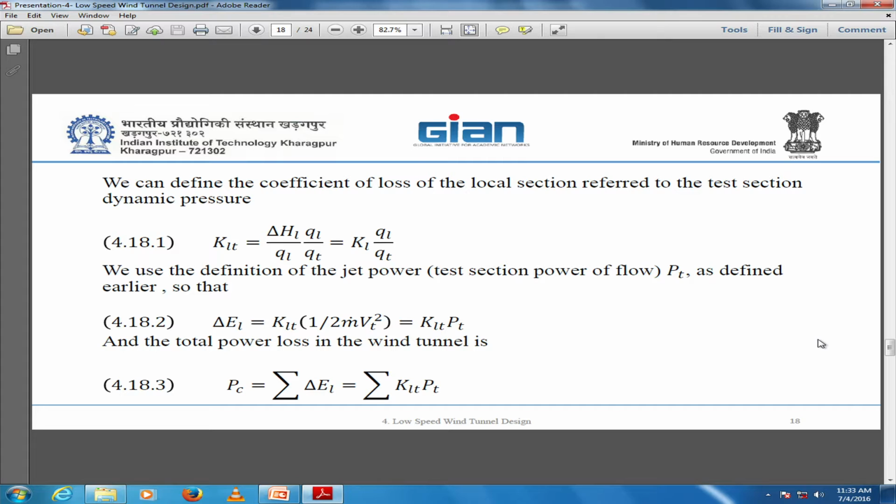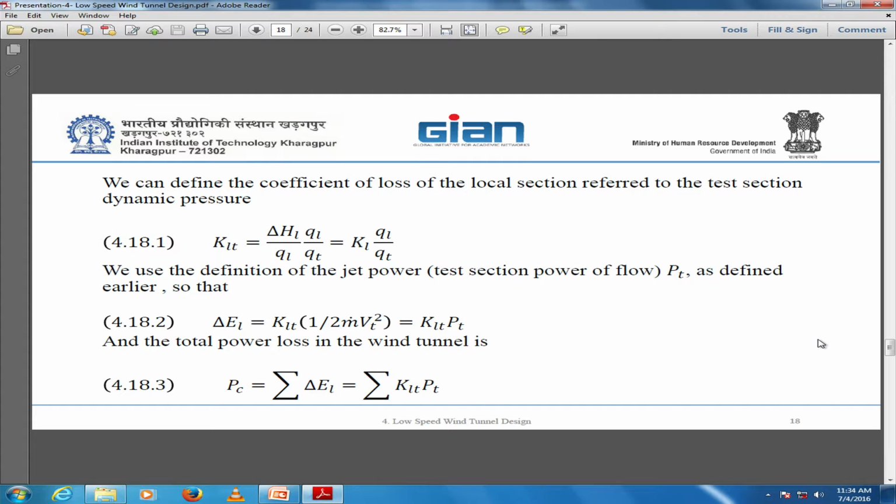No, but in 417.1, the first formula, that is total pressure across that section. That was the local coefficient. It's the head loss in a section divided by the local dynamic pressure in the local station section.